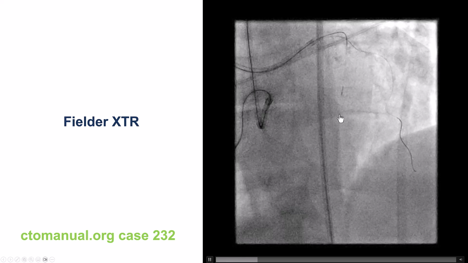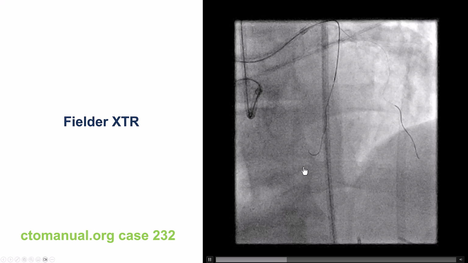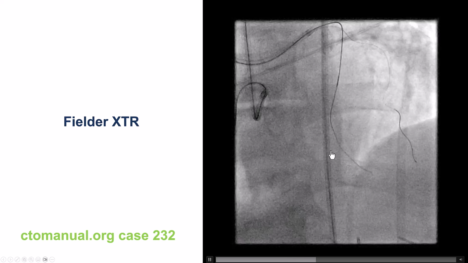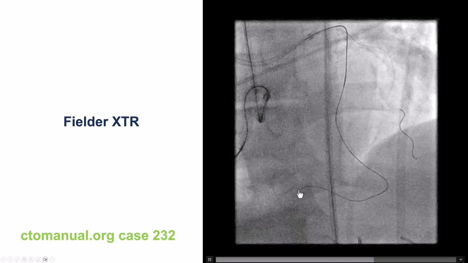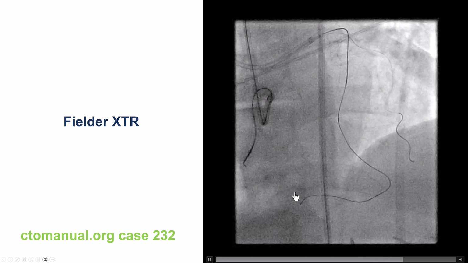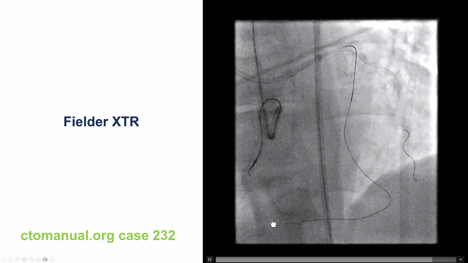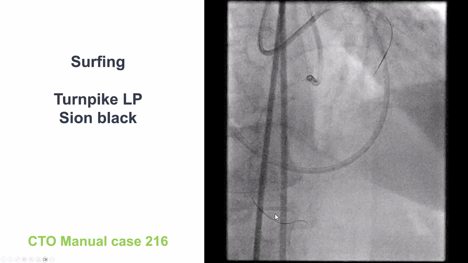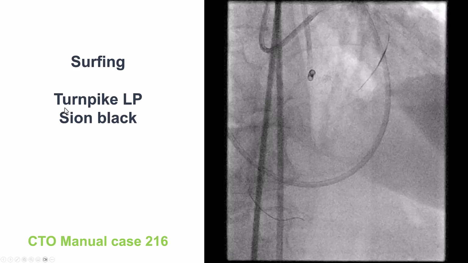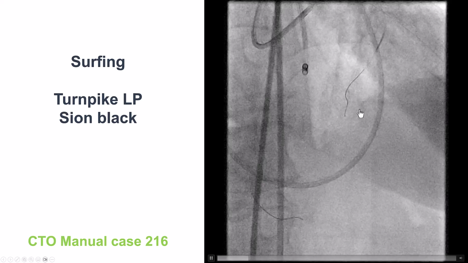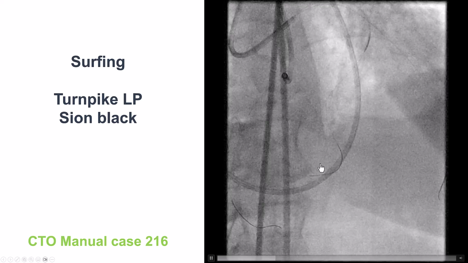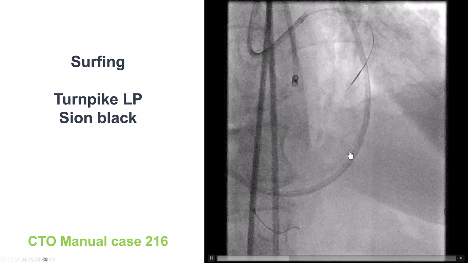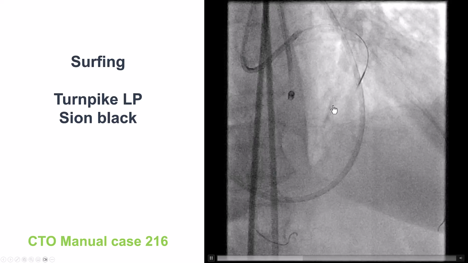This is another example with the Fielder XTR. Again, we're advancing, the wire is not going, it's getting stuck, and then eventually we advance in another direction. Now it finds a way, and eventually the wire goes along the course of the RCA. This is another example, a Xeon Black guide wire, in which the wire takes different courses, and eventually we're pulling back and forth.